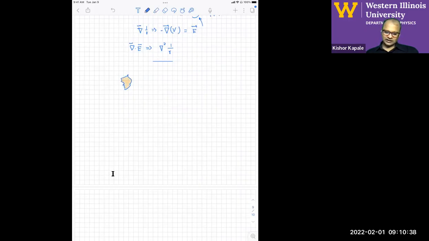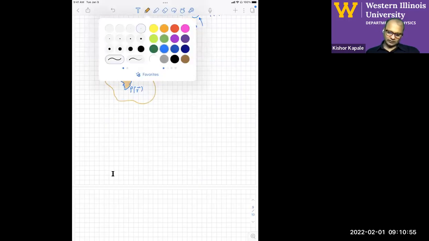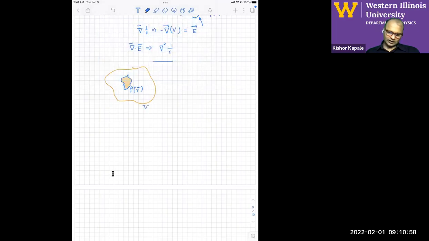That's the charge density, rho of R. If you want to enclose this with some arbitrary volume, it doesn't matter what shape it has. I'm going to use a different color for the volume. So this is an arbitrary volume V. Actually, I should use a different symbol for that. Okay, volume V. And this V and that V are different.